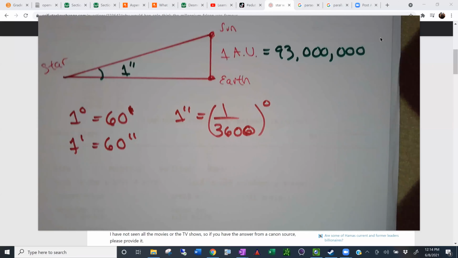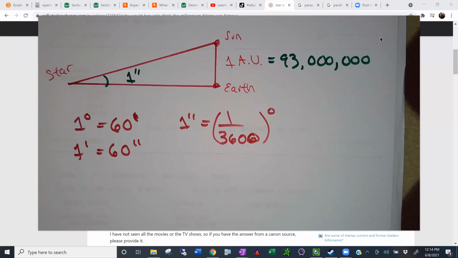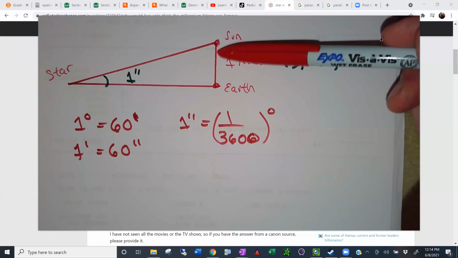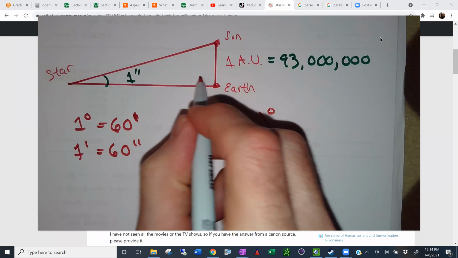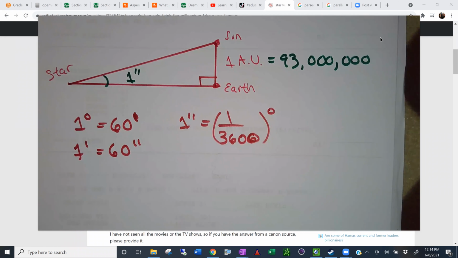It's a really, really slender angle. But we're going to view the system at that slender angle from a really, really far distance. And let's find out how far away that distance is. So that distance is going to be right here.